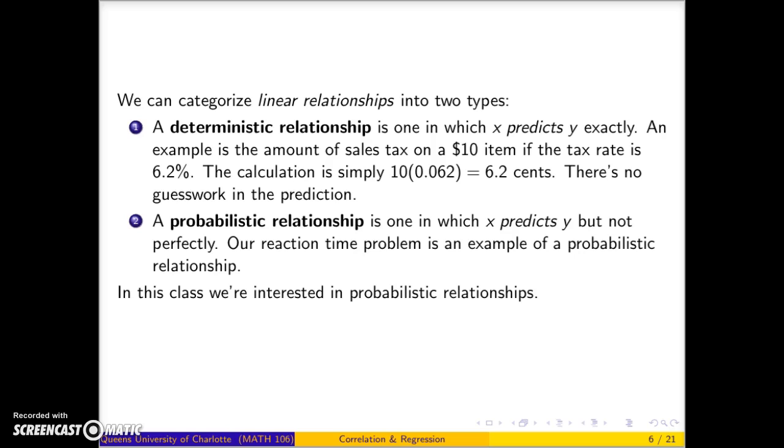And then a probabilistic relationship is one in which X may predict Y, but it's not going to be perfect. We cannot use the number of drinks someone has to predict with 100% accuracy their reaction time. This is the type we use a lot in statistics, and this is what we're interested in this course.